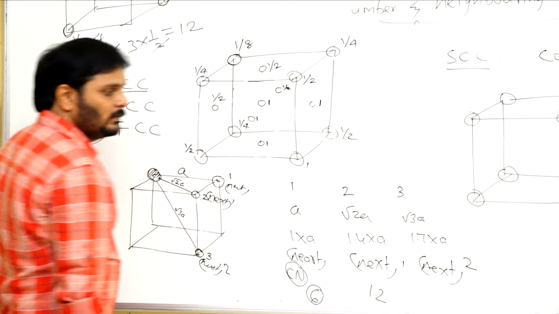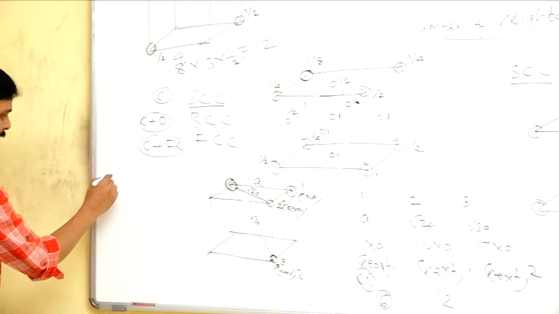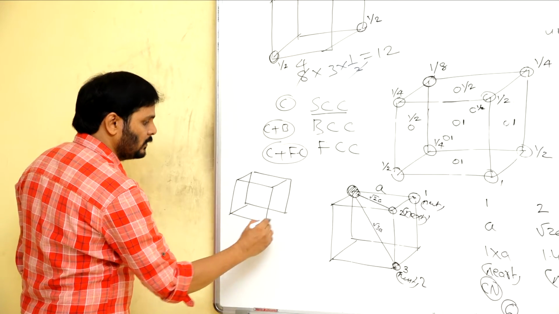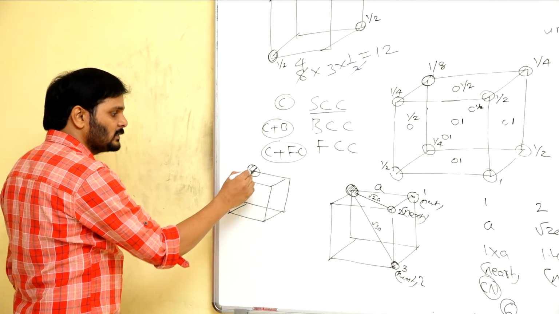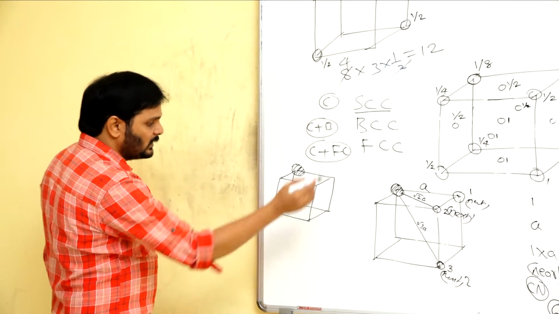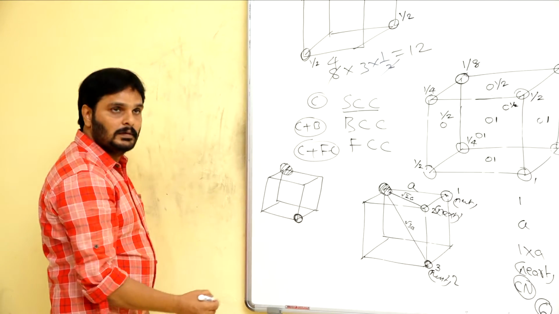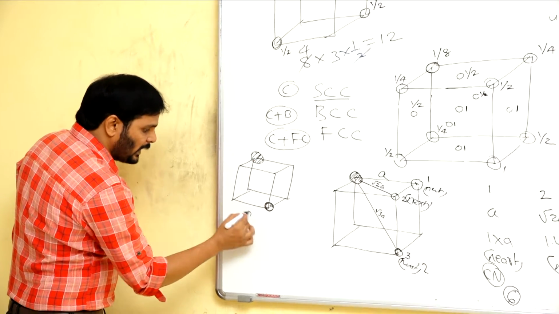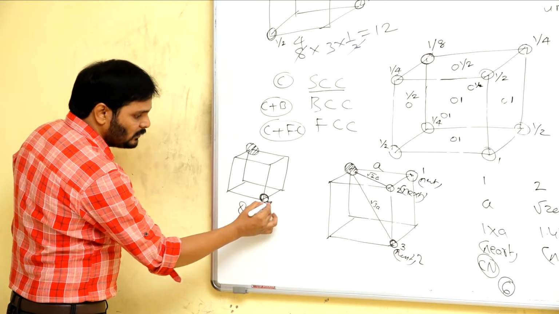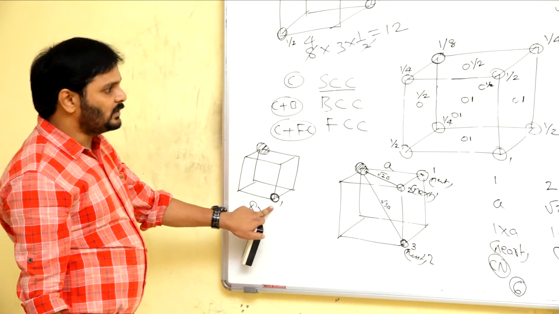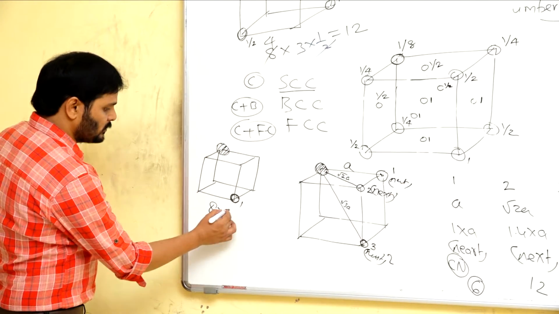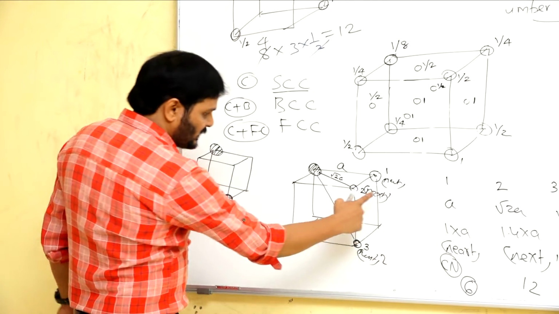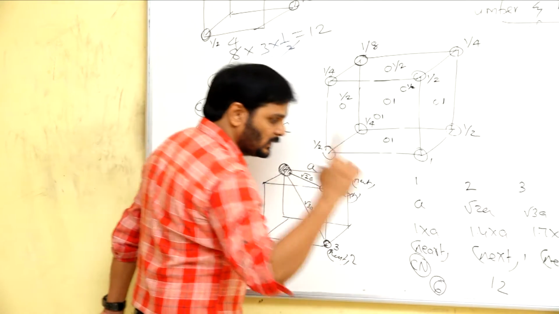Next, the next-next atoms. Again, this is the reference. This is nothing but the body diagonal, and only one atom lies on it. If the atom is present here, the contribution is 1, so 8 into 1 gives 8 neighboring atoms.